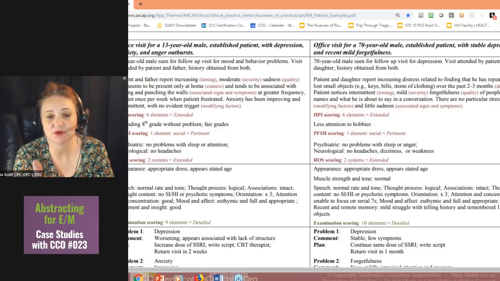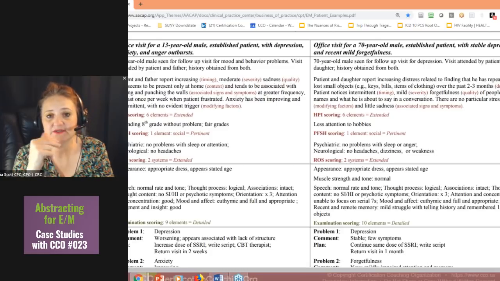PFSH. Okay, so personal history, not as interesting. Not as attentive to hobbies as in the past. And then for our scoring of review of systems, we have 2 body systems, psychiatric and neurological.